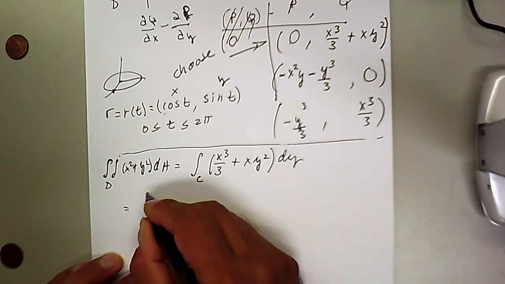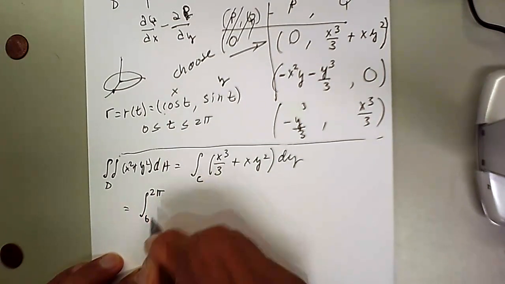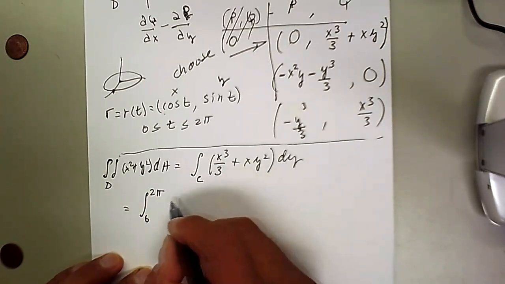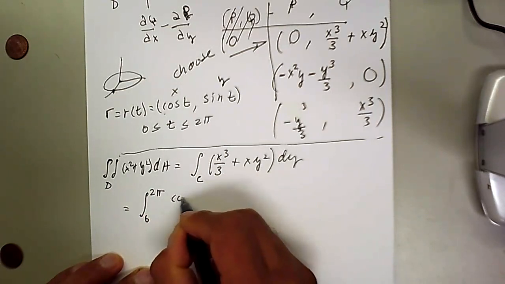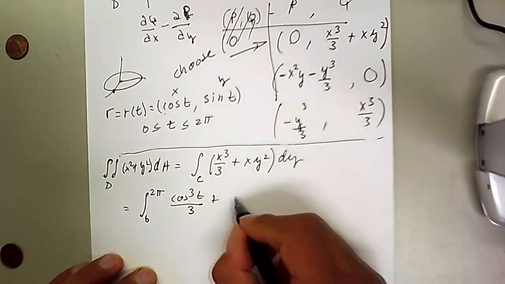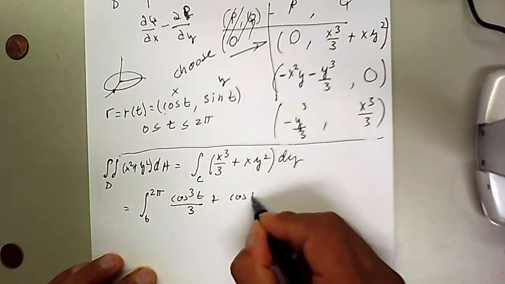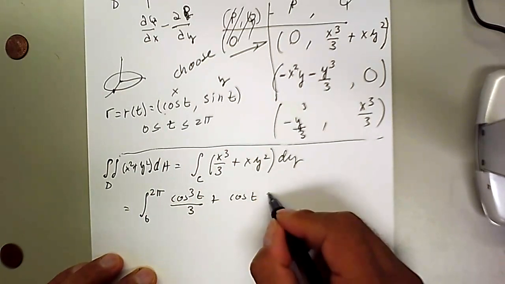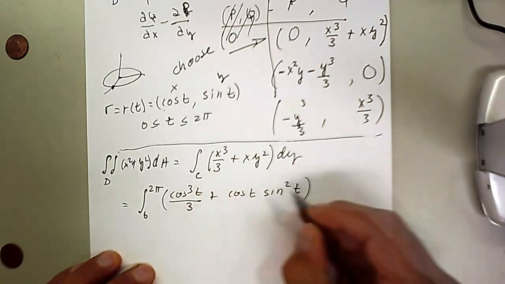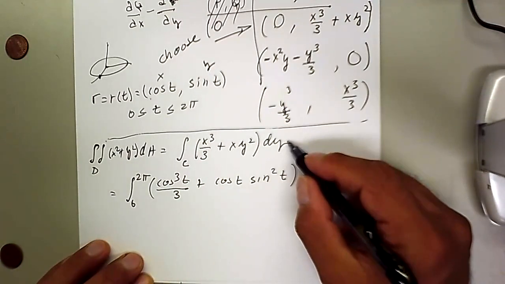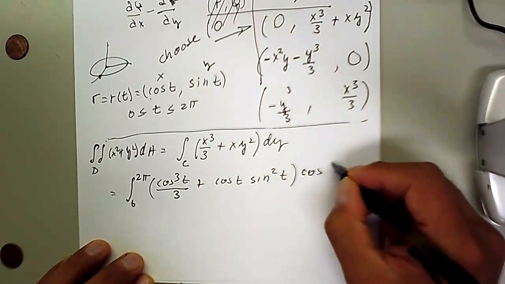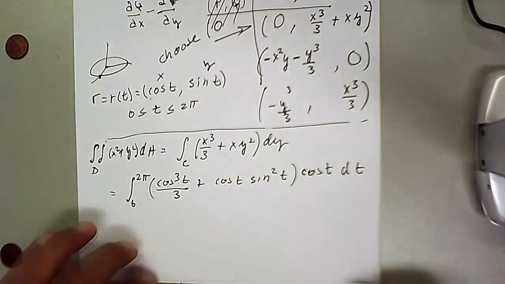So we have the integral from 0 to 2 pi of cosine cubed t over 3, that's the x, plus cosine t times sine squared t, that's y, times dy. If this is y, dy would be cosine t dt.